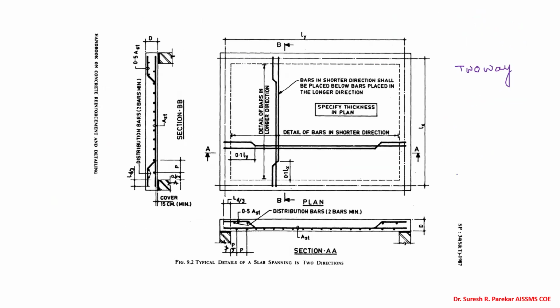And then we have this as a two way slab where we have main reinforcement on both sides. So along the shorter direction, reinforcement we have at the bottom. So shorter is on the bottom side and longer we have on the upper side. Reinforcement along shorter is on the bottom side.